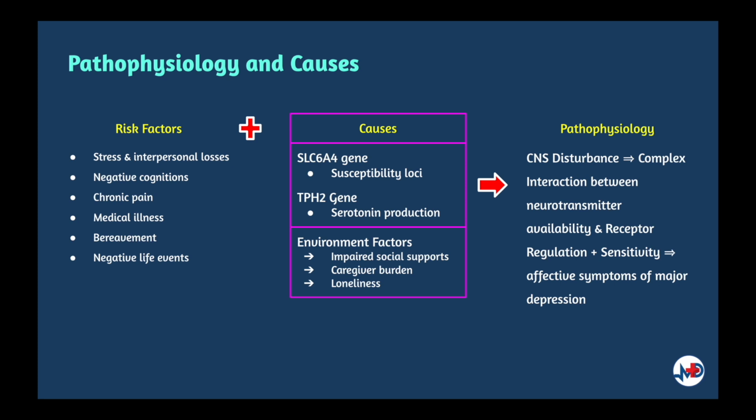When we look at the pathophysiology of major depressive disorder, we understand that the underlying pathophysiology is not really clearly defined yet. There's current evidence that points to a complex interaction between neurotransmitter availability and receptor regulation and sensitivity underlying the affective symptoms.